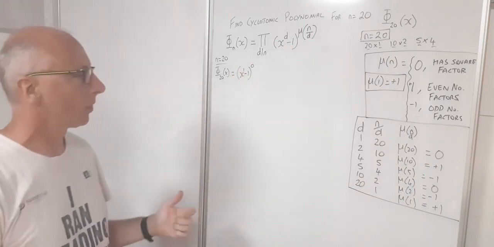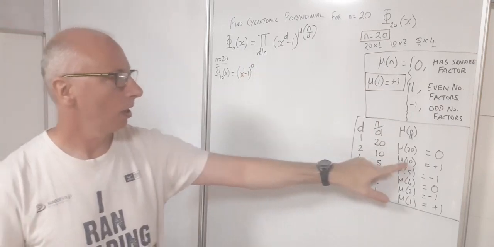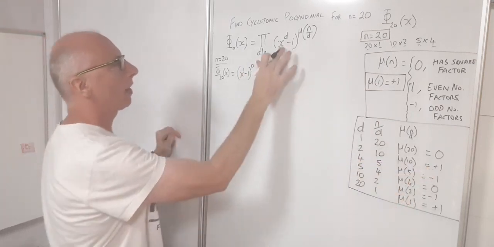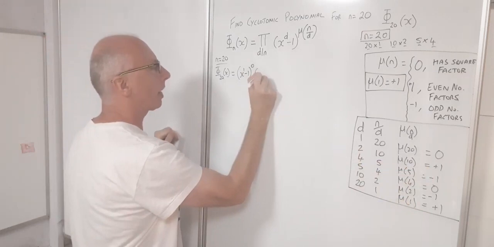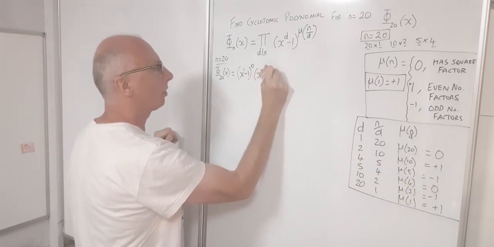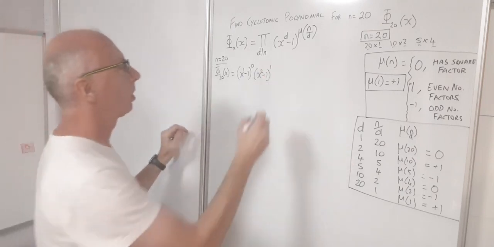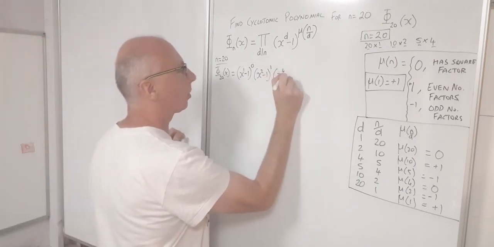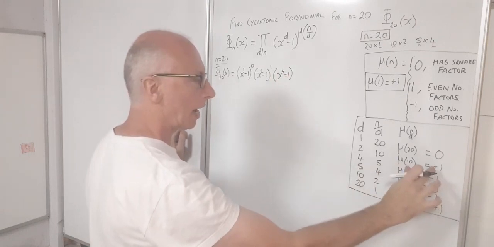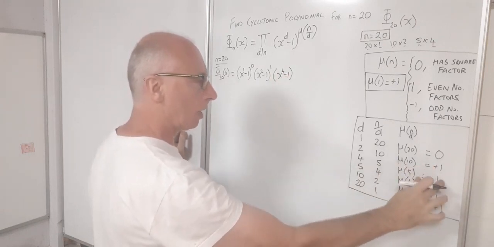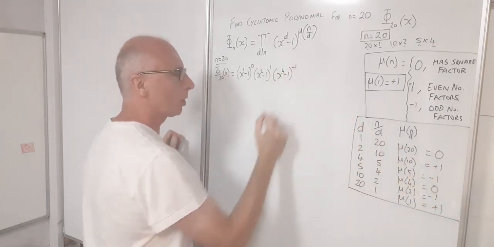That's the first one. Now when d is 2, I need to raise to the power of 1, and then I've got x to the power of 2, minus 1, raised to 1. The next divisor I've got is 4, so now I've got x to the 4 minus 1, and my value is -1 for mu of n over d.